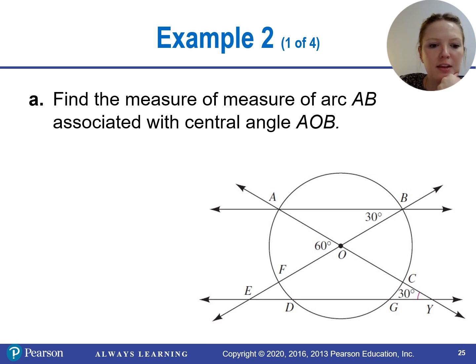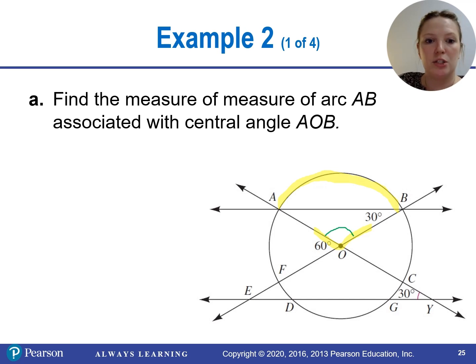Arc AB is this arc here, and it's associated with the central angle AOB. The measure of the arc is the same as the measure of the central angle it's associated with. So we're looking for the measure of this angle here.